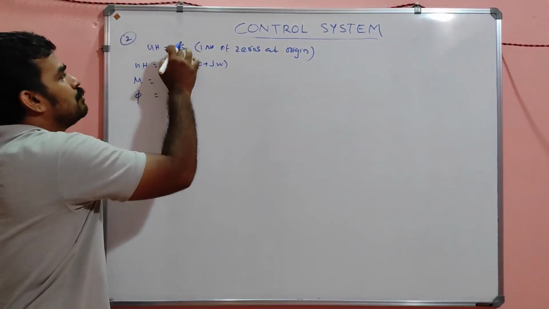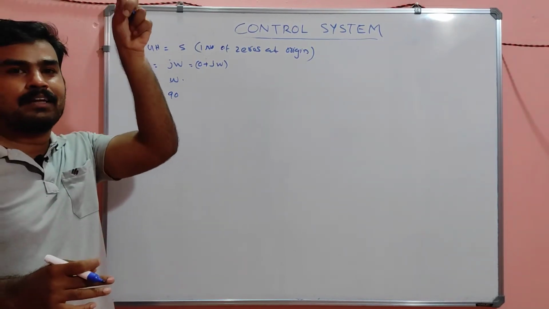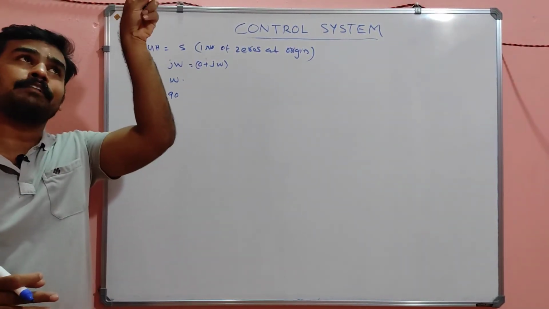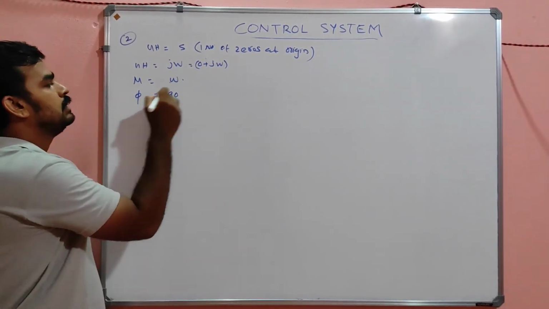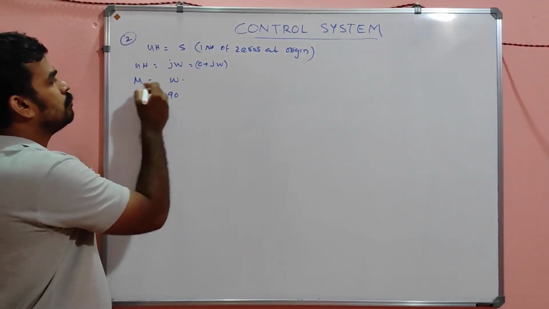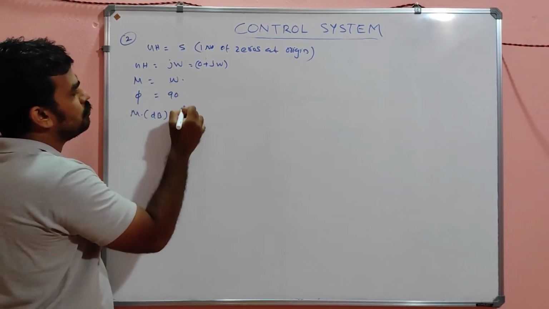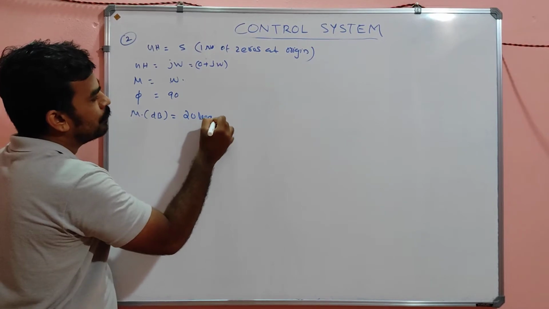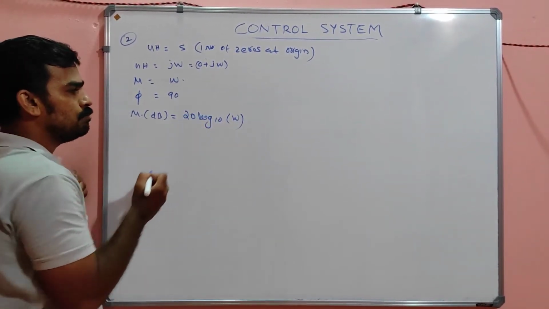In other words, my dear, 1 by j omega you can take to numerator as minus 90 now. So it is already in the numerator, means j omega is simply plus 90. That way also you can think. So you got magnitude. So what is magnitude in dB, my dear? Magnitude in dB is nothing but 20 log 10 to the base simply omega.